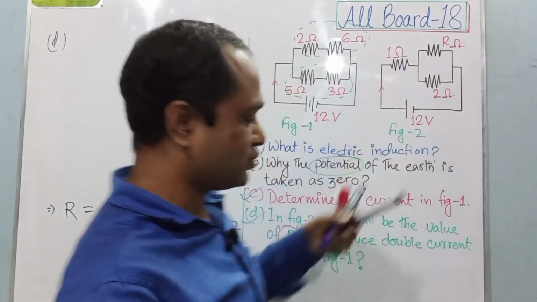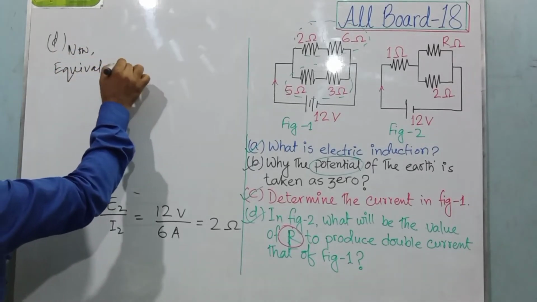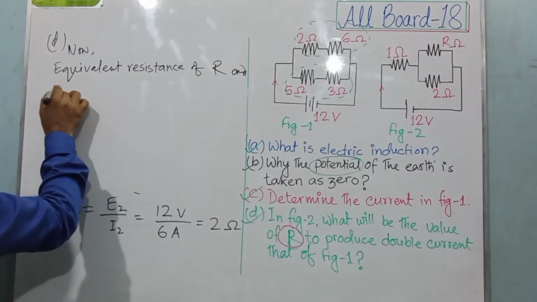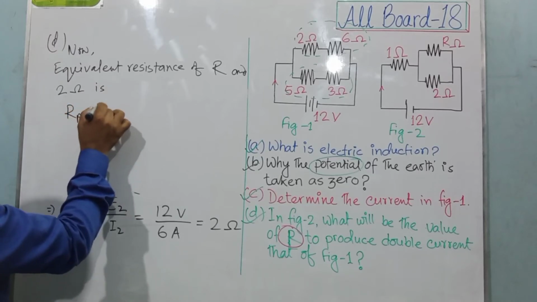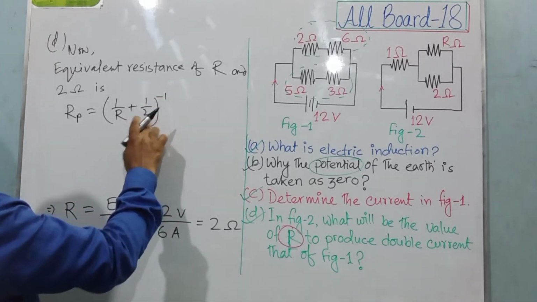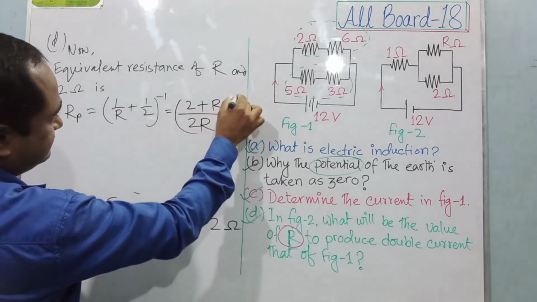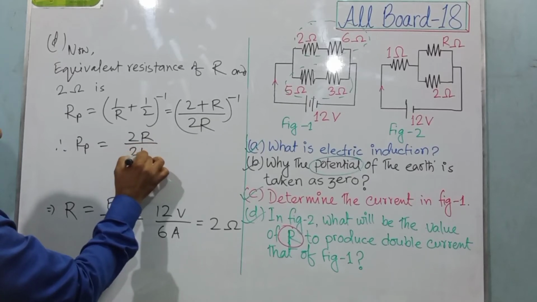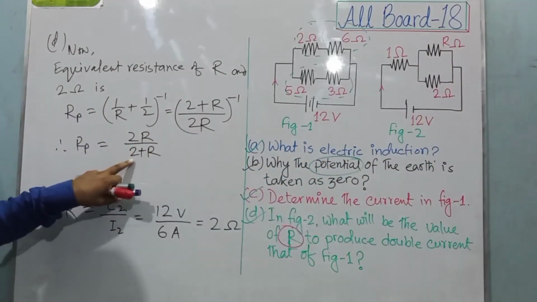So the equivalent resistance of R and 2 ohm, if denoted by Rp, is the inverse of 1 by R plus 1 by 2, and after the calculation we will get 2R over 2 plus R, that is Rp is equal to 2R divided by 2 plus R. The equivalent resistance of this parallel combination is 2R divided by 2 plus R.